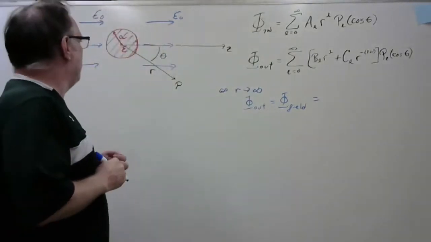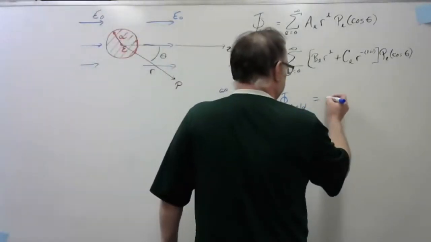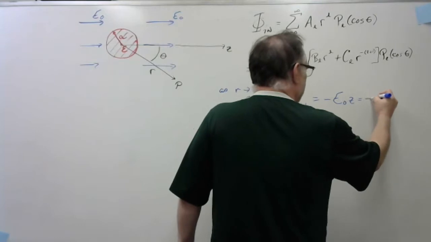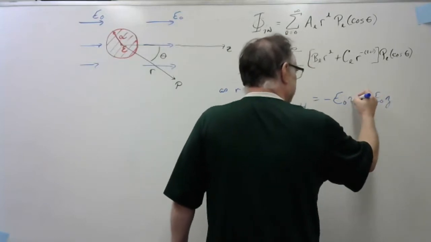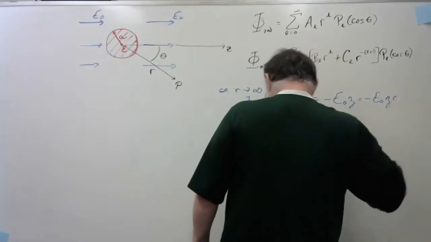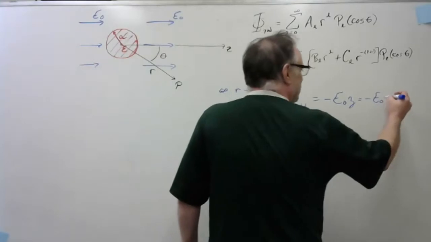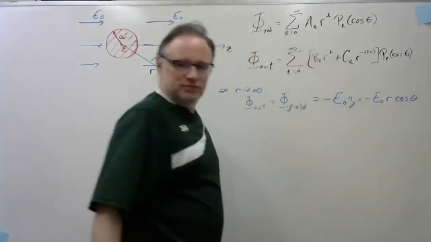And that potential of a uniform electric field in the z direction is minus E naught z, or minus E naught R cos theta.